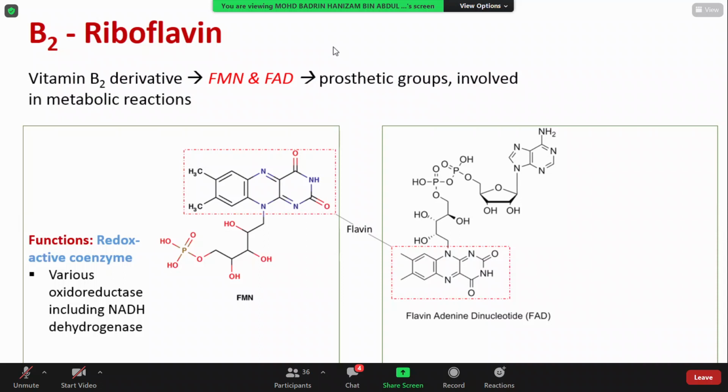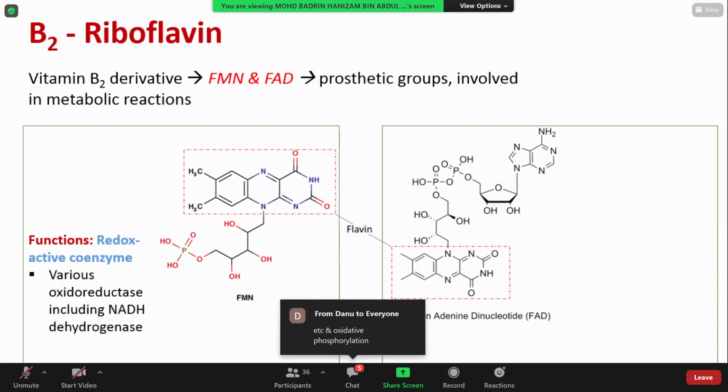Balkis. We have Balkis. Yes, okay. Name two pathways that you can find NADH dehydrogenase. Balkis, can you hear me?